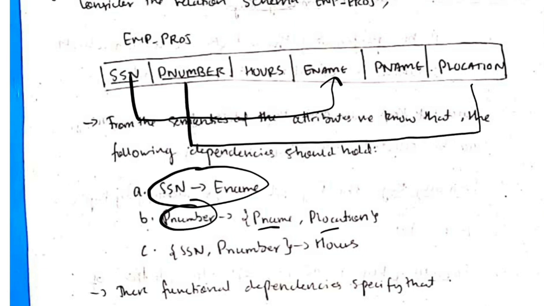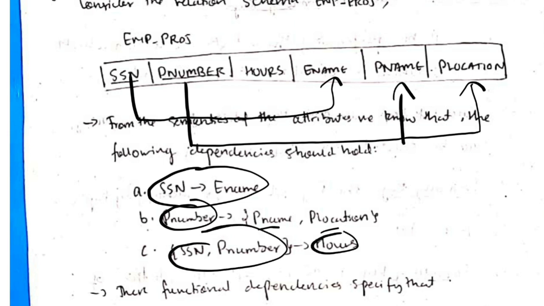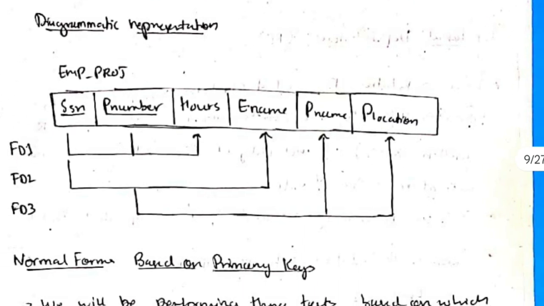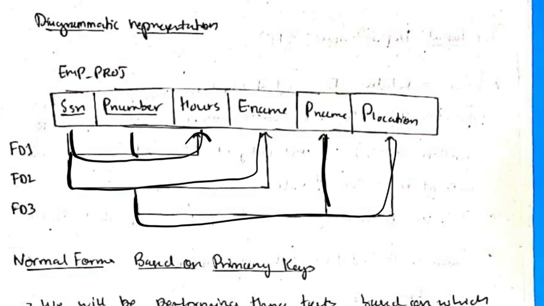And last, SSN and p number together determine hours, meaning hours is totally dependent on both of these. If I make a separate figure, we'll have these things. This is the diagrammatic representation: SSN and p number determine hours, SSN determines e name, and p number determines p name and p location. These are the three functional dependencies.